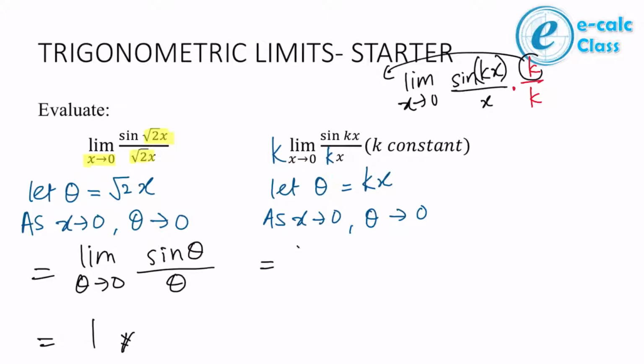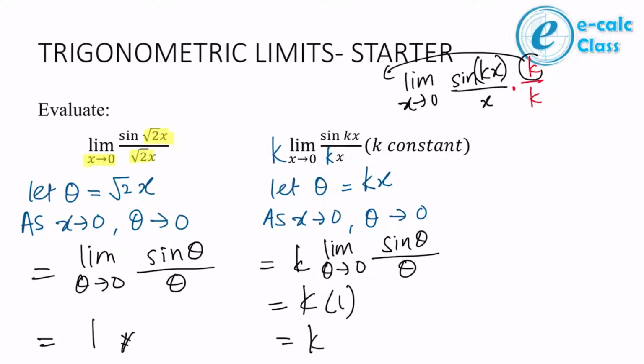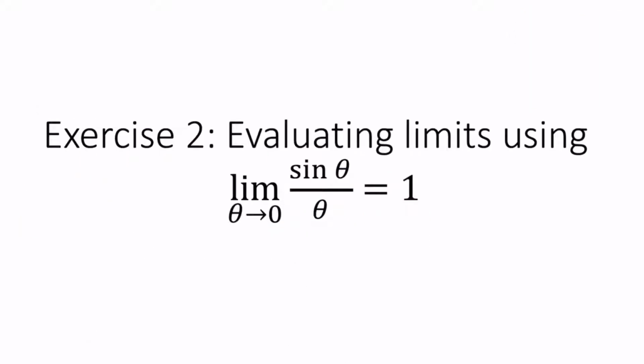Hence, this will be k times the limit when theta approaches 0 of sine theta over theta, which is k times 1, and it gives you a k. Clear? So it's about how you manipulate your function to utilize the theorem. It's all about mathematical manipulation when it comes to these trigonometric limits. Alright? Let's do the exercises.